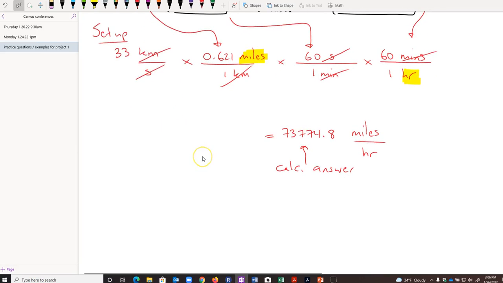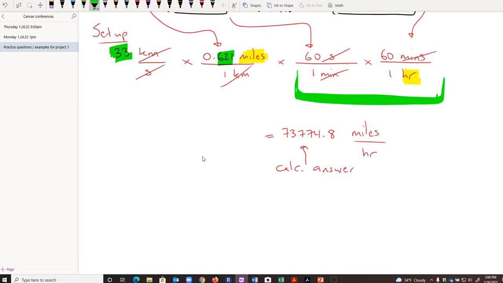Looking at the numbers we're provided with, our original number has 2 sig figs, and this has 3. Our time conversions are exact numbers, so they don't limit your sig figs. So our original number with 2 sig figs is what we're going to use for our final answer. We need to round this to 2 significant figures.